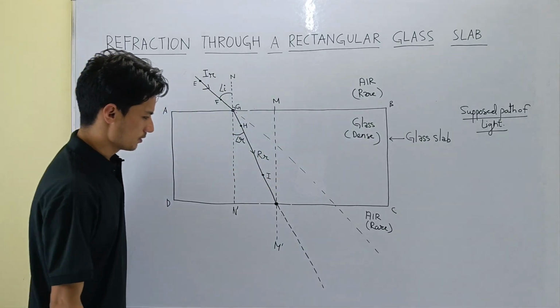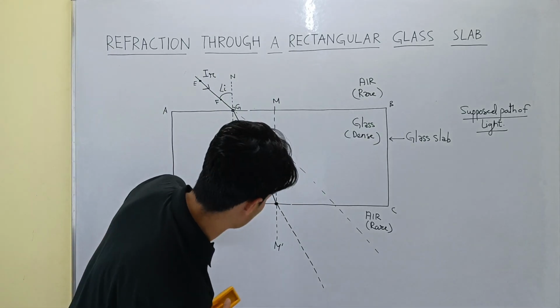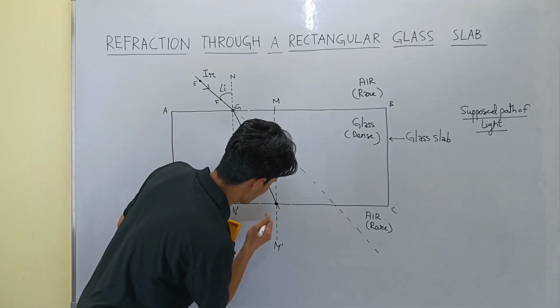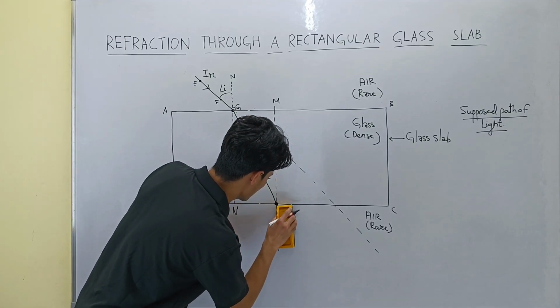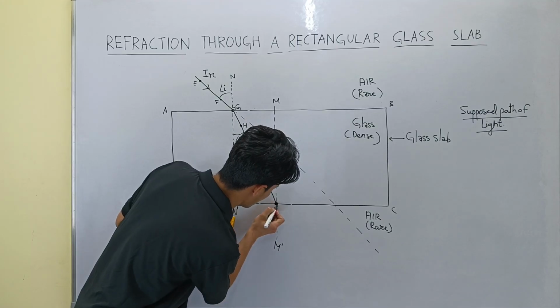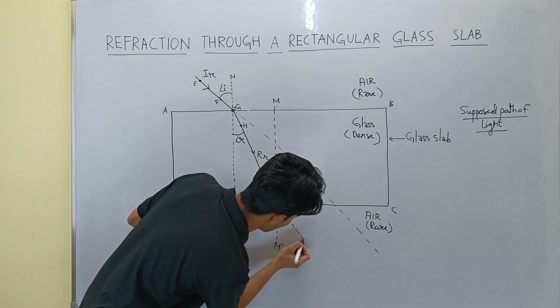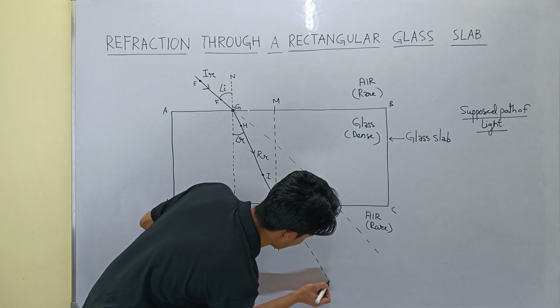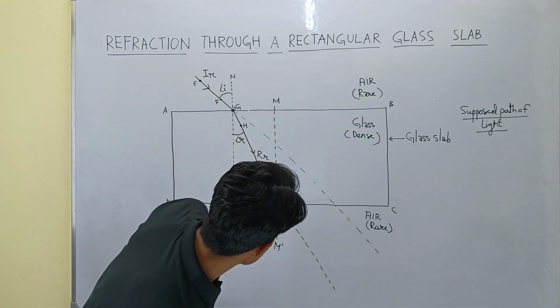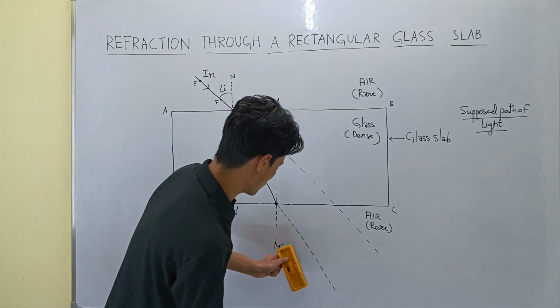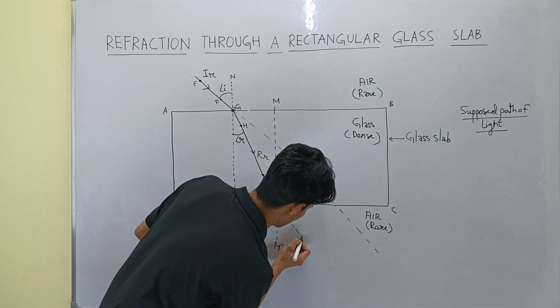It can be a little better. Needs a lot of practice, class. So we have to practice. I have to show that it is parallel to the supposed path of light, or else I won't be able to tell you a very important point here. Is it parallel? Okay, let's just take it as parallel. So it should be parallel.